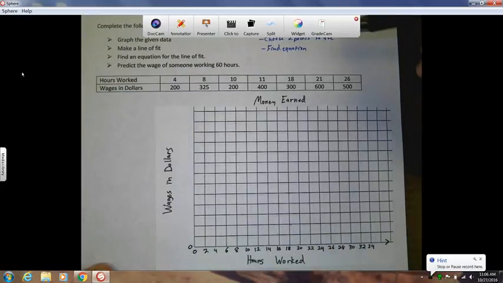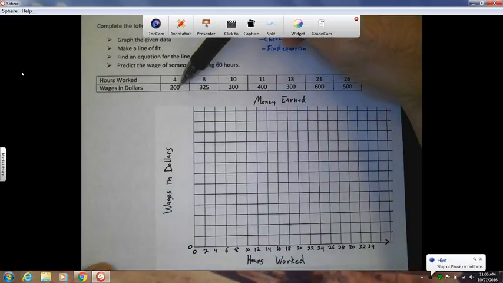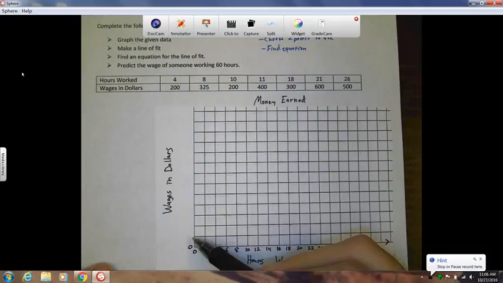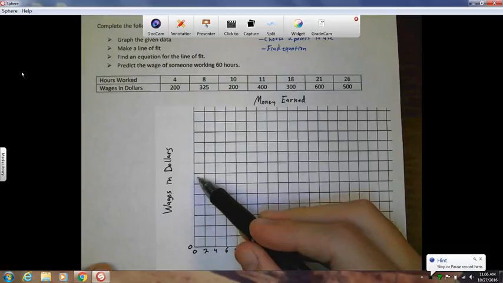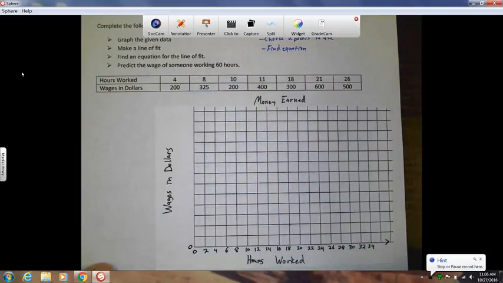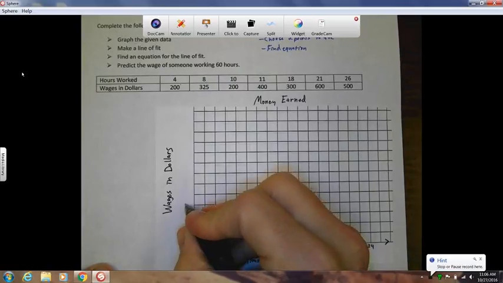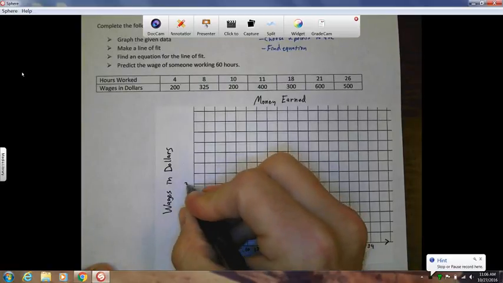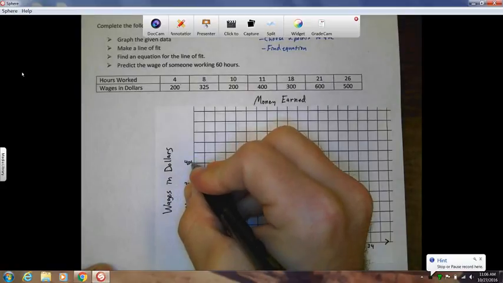So I have 12 spaces, so I can go up by 50s. So I'm going to go 100, 200, 300. Okay, so I went up. Every line is $50.